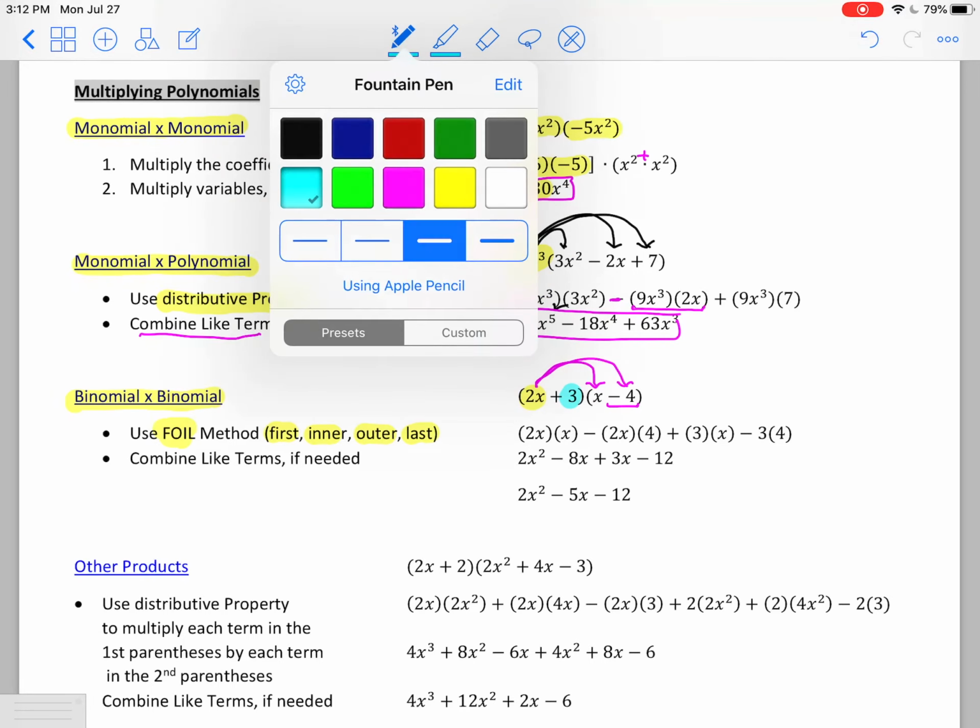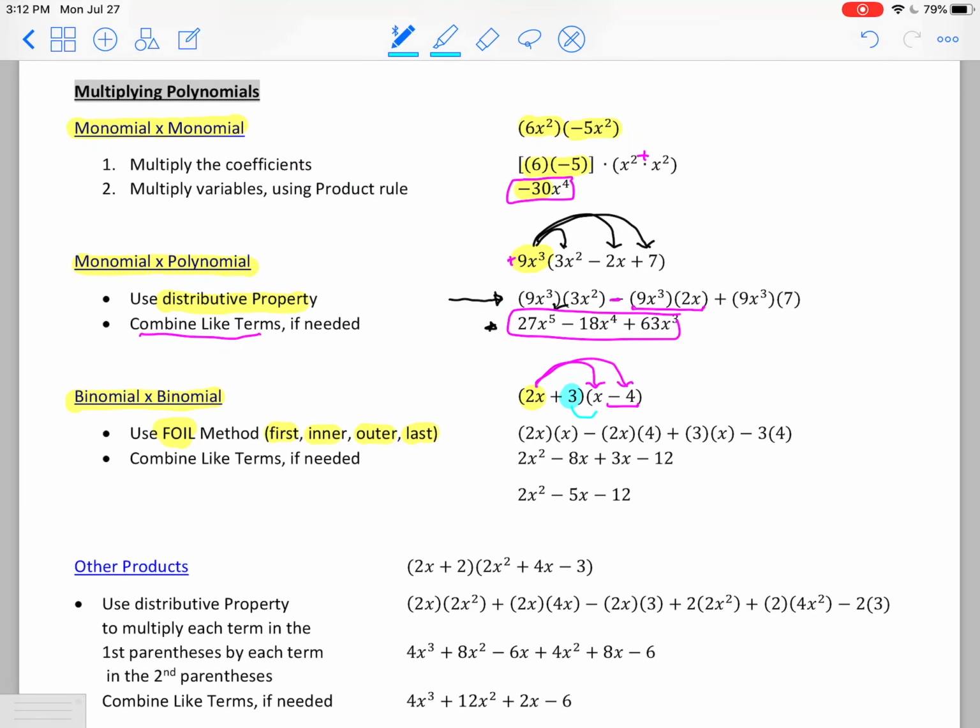And then I'm also going to have to take the 3 and multiply that by the x and by the -4. So I'm going to have 4 terms when I'm done with that part. I know that in the end I'm going to have 4 products because I am multiplying 4 different times, right?